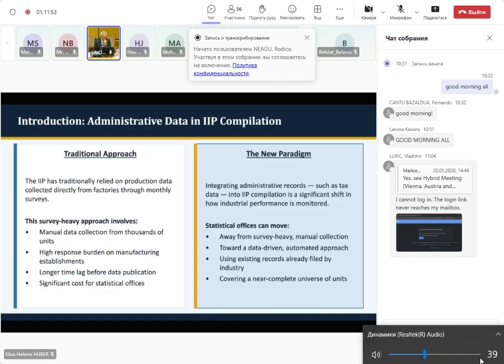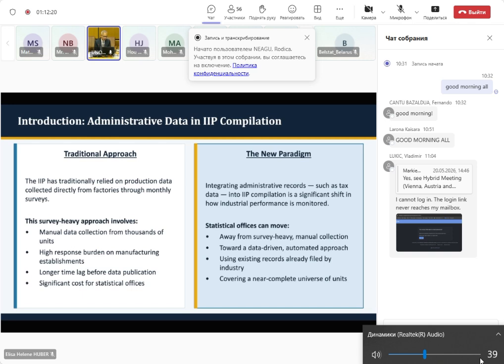So as you can see, our traditional approach. I will be talking more about what specific data sets we use for IIP compilation, what resources were being used, and what options are available now. Earlier we had a survey-heavy approach, which involved manual data collection from thousands of factories or units.